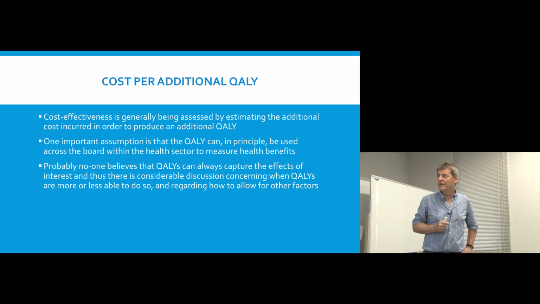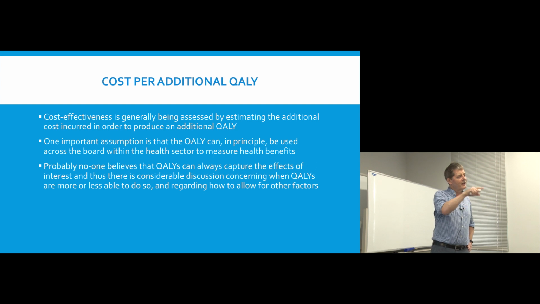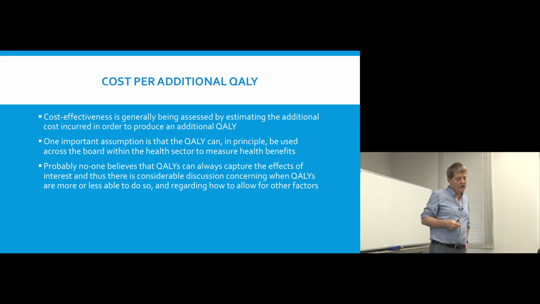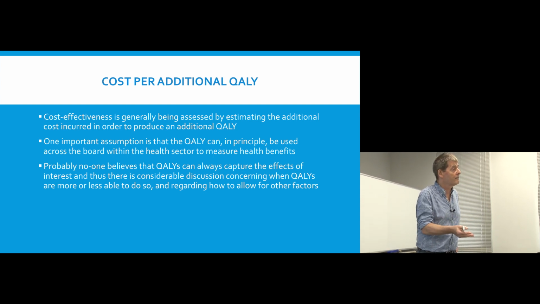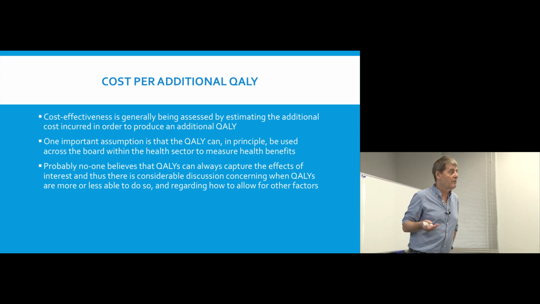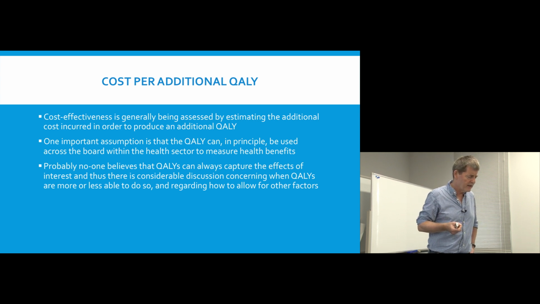And it's the dominant approach because in principle, you can use it in lots of different areas of healthcare activity. So you could use it to look at new strategies for screening for cancer. You could use QALYs to measure outcomes when you're looking at new treatments for plaque psoriasis. You could look at new drugs for preventing cardiovascular problems such as stroke or myocardial infarction.